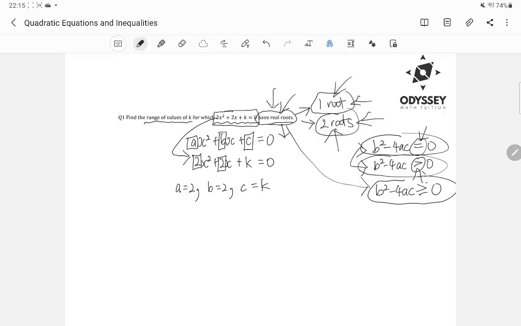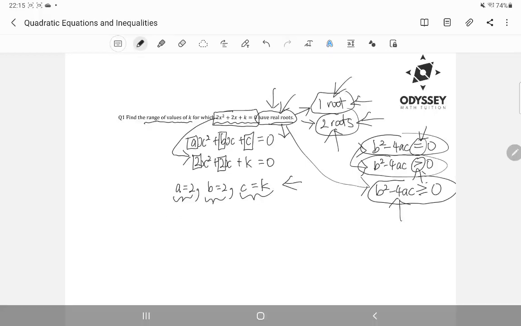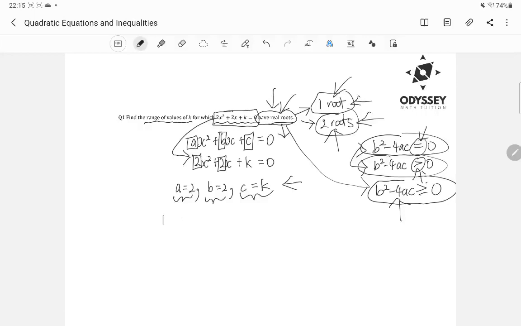Using this information that we have extracted, we are going to substitute a equals 2, b equals 2, c equals k into b squared minus 4ac more than or equal to 0.